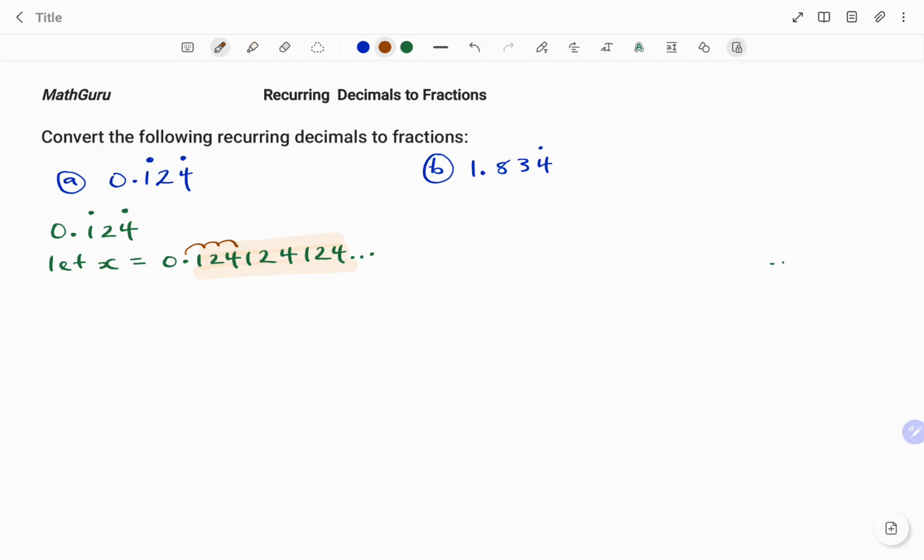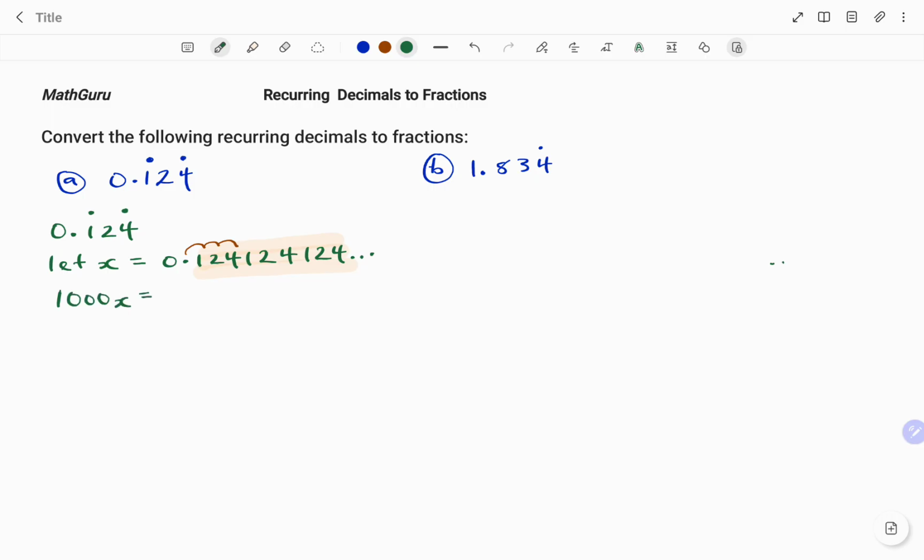I move my decimal point 3 spaces to the right, and that simply means multiplying by 1,000. Note that whatever you do on your left, you do on your right. So if I multiply x by 1,000, I'm going to have 1,000x on my left.